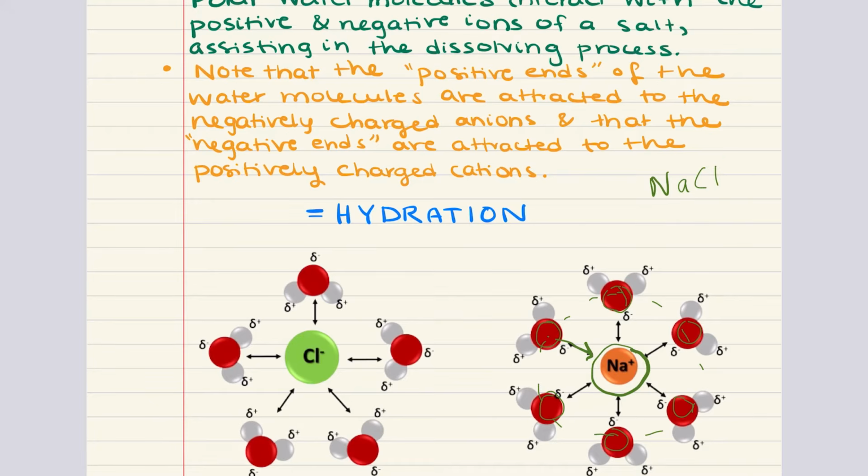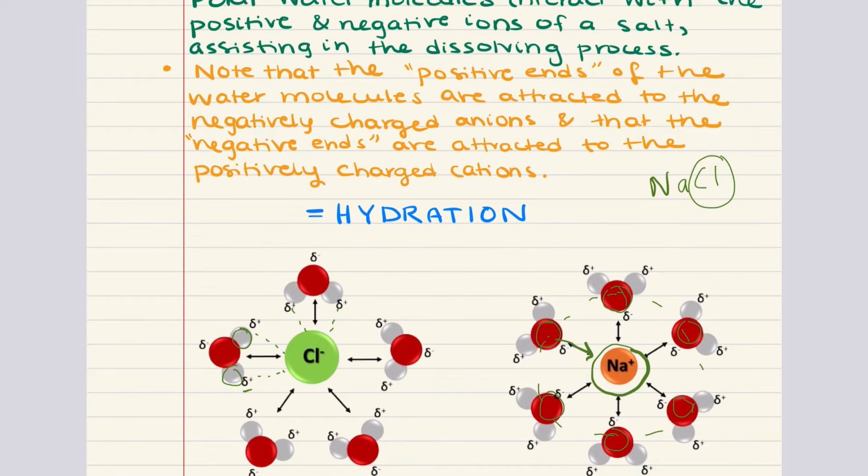What about the anion of this sodium chloride? It's also going to be surrounded by water, but here the hydrogens with the partial positive charges are going to face towards this negative anion. And so we get this kind of dissolving of the salt in water.